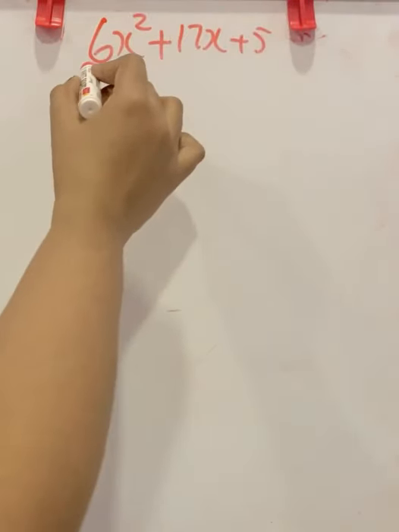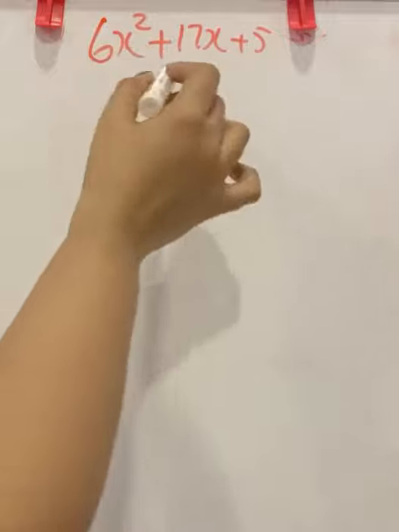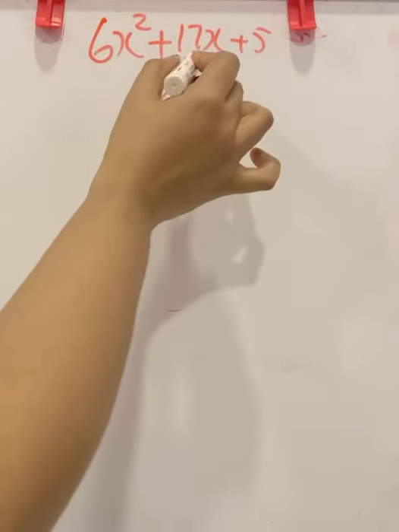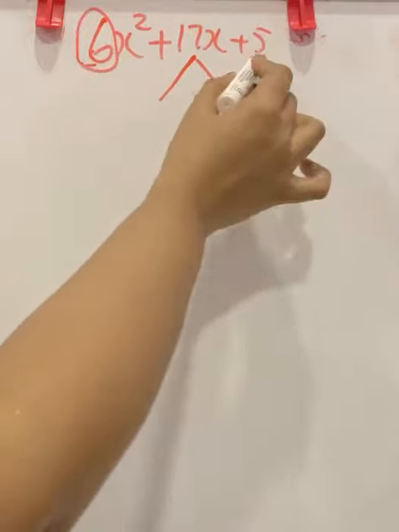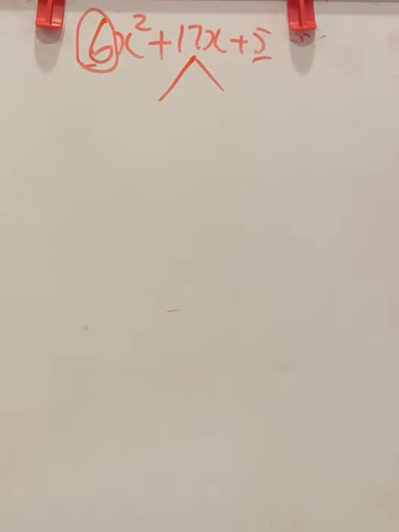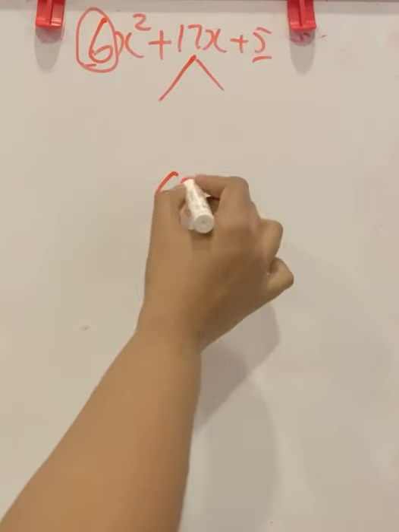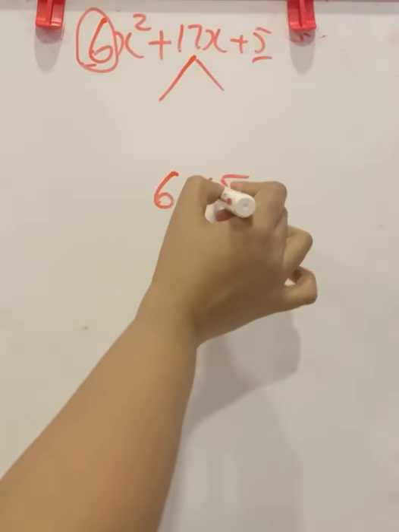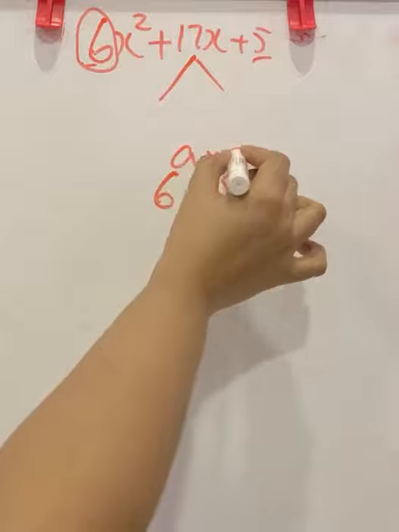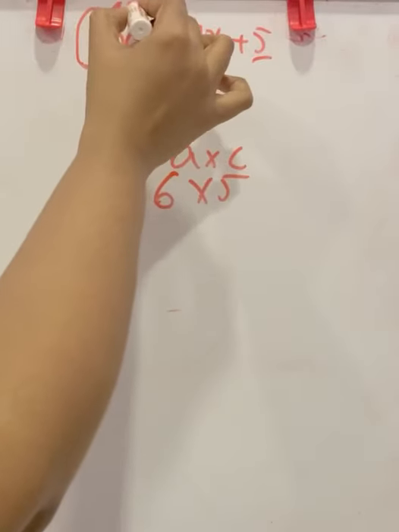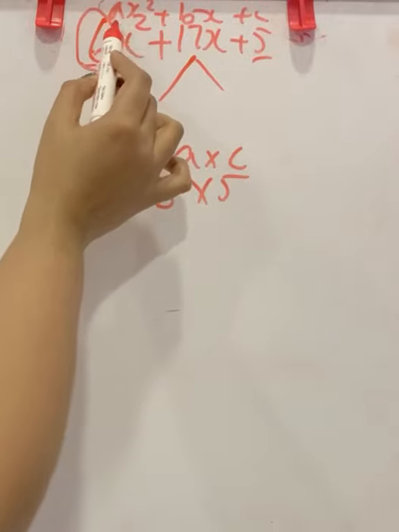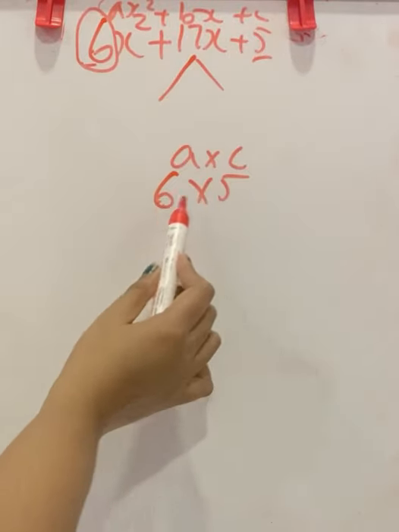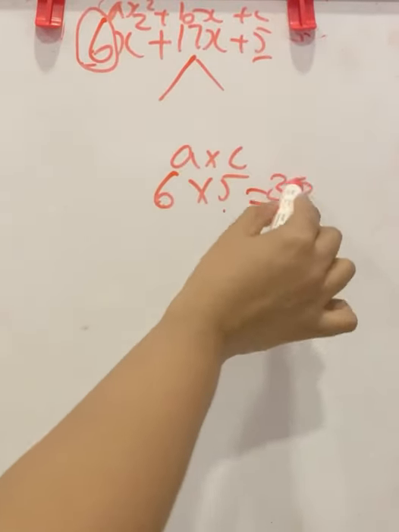Before splitting the middle term, we check the coefficients of x square and the constant term and find their product. Here 6 and 5. The general form is ax square plus bx plus c, so we find a into c. That is 6 into 5, which is 30.